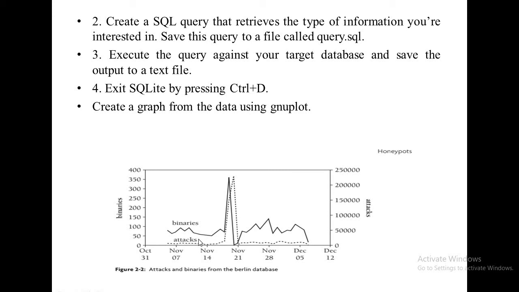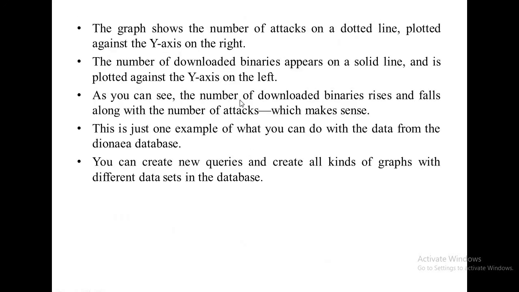If an attack is happening, the binary files of that attack get collected. So it is very parallel: if an attack is happening, the binaries come in the same manner. It is very clear that an attack has happened and the binary files have also been stored. This is the meaning of this graph.